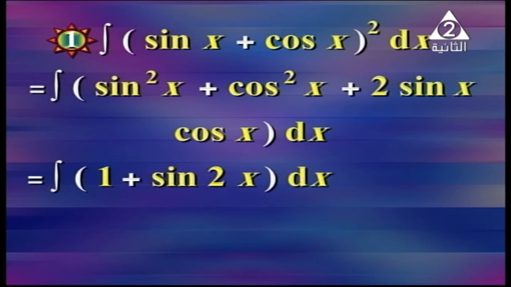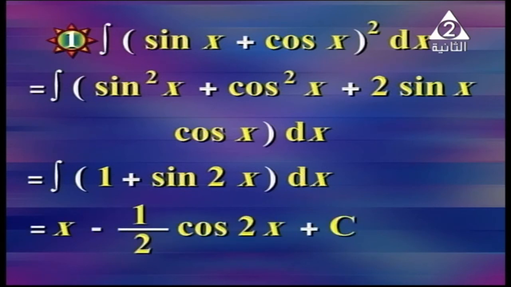Why? Because sine double angle equals 2 sine x cosine x. What is the integration of 1? It is x. What is the integration of sine 2x? It equals negative cosine 2x divided by the coefficient of x, which is 2. The integration becomes x minus 1 over 2 cosine 2x plus c.